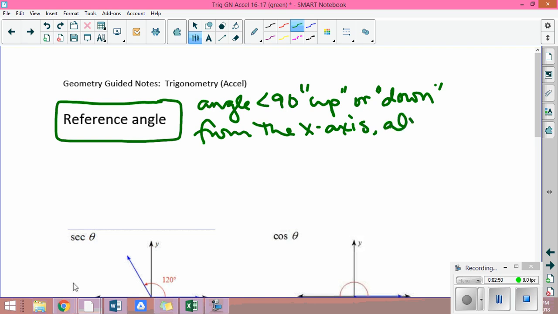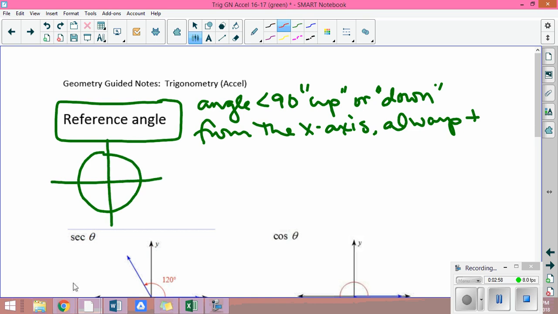It's always positive. So when we have any sort of measurement, this angle down here, let's say it goes like this, the distance right here is my reference angle.